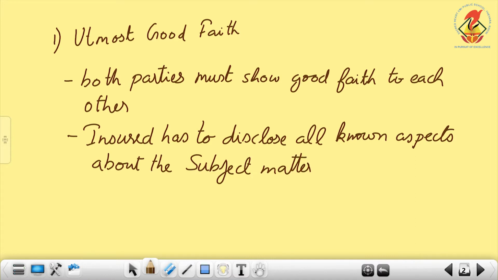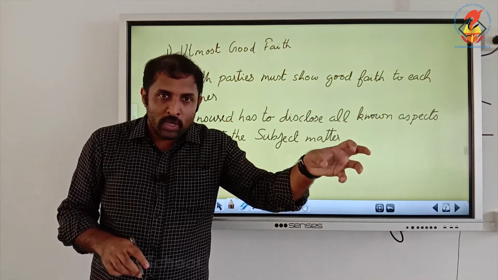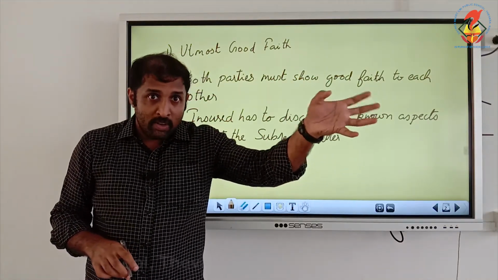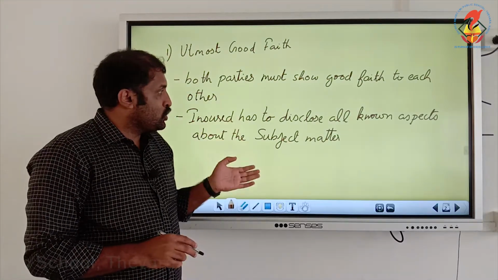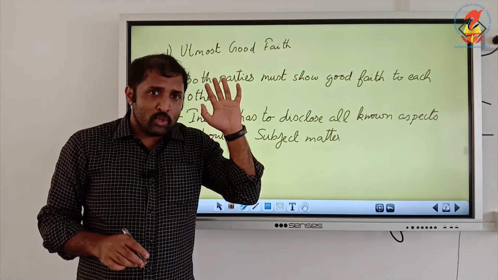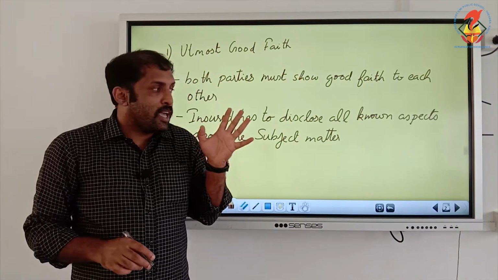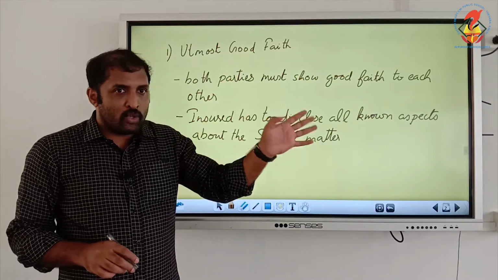What is the meaning of subject matter? Subject matter is the thing which we have insured. It can be a car, it can be a house, it can be even life. So, insured must show good faith to the insurer by disclosing all the known facts about the subject matter to the insurer.